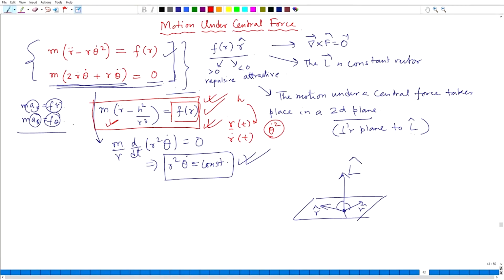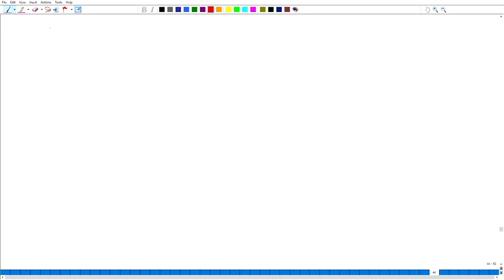Now, one can be interested to know in this plane which type of trajectory is followed by such a particle which is moving under a given law of central force, or let us say an arbitrary law of central force. For that we just have to find the relation of r and theta.